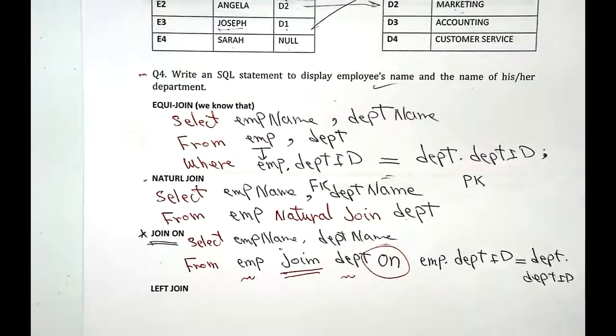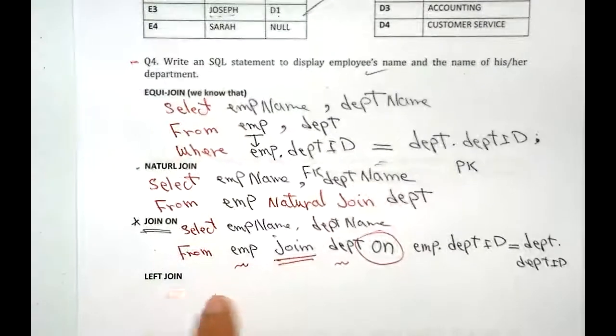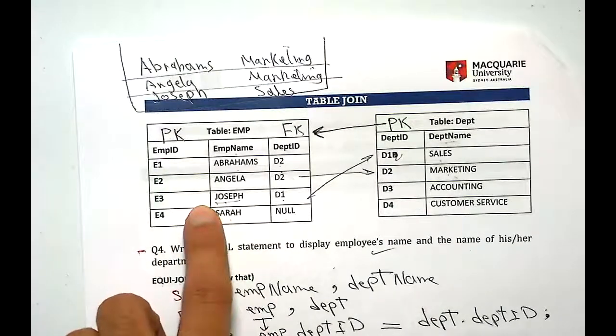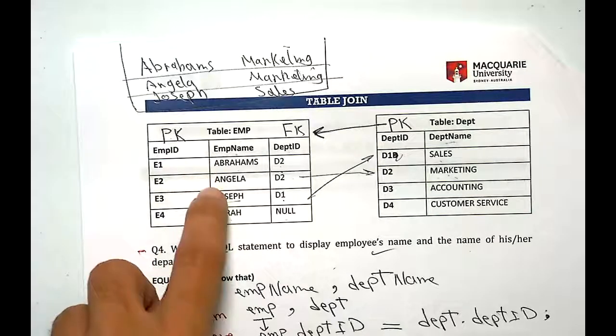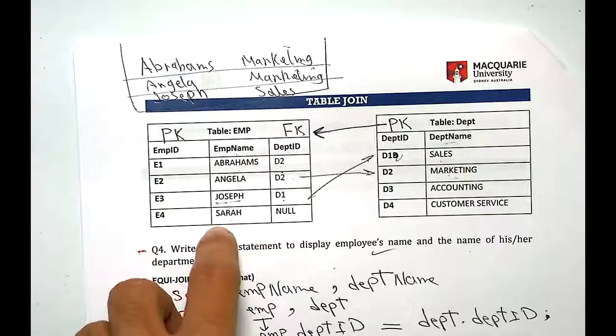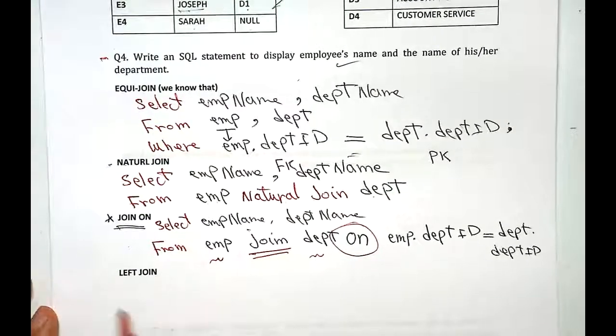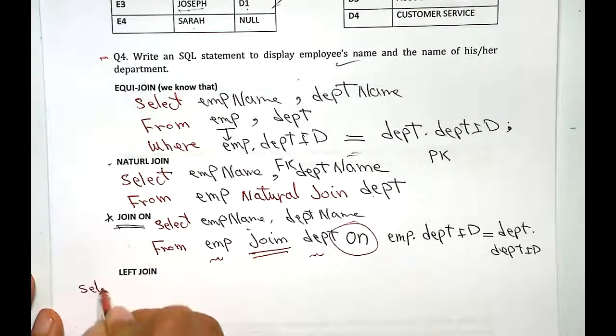What about left and right join? So left join simply, in left join, it goes to the first table, which will be considered as the left one, and tries to find the matching for each one of the left table. Okay? So let me write the syntax first. So it will be select and from.